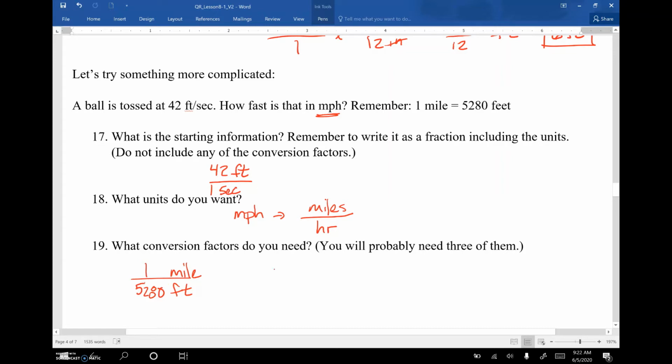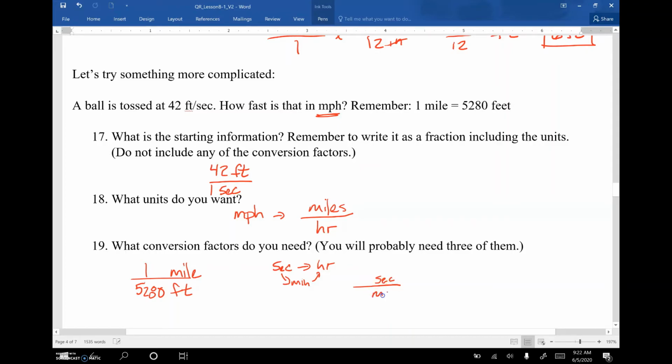The other conversion is to convert seconds into hours. So we need seconds into hours. And if you know the conversion directly from seconds to hours, you can do that. But I'm going to go from seconds into minutes and then minutes into hours. So seconds into minutes. Notice I have seconds on bottom, so in my conversion factor, I want seconds on top.